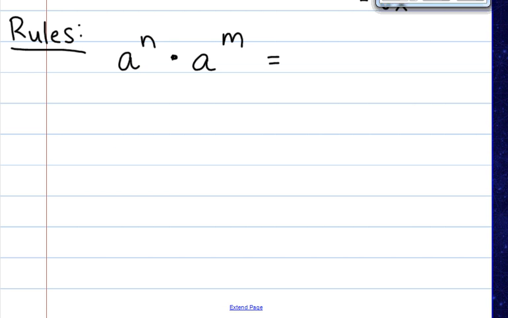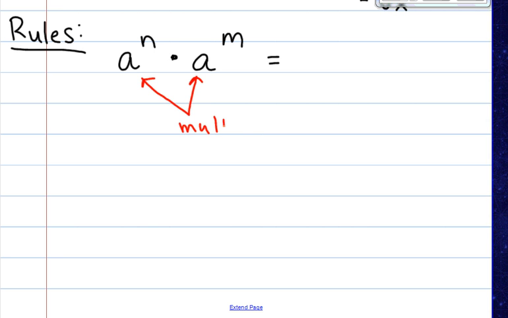Okay, so now we're going to put each of those 3 examples together into rules for you. So go ahead and write this down in your notebook, and we're going to have 3 rules. The first rule is if you multiply like bases. I want to make sure you're writing down what's happening. You are multiplying. Here our base is a, and you see that you're multiplying them together.